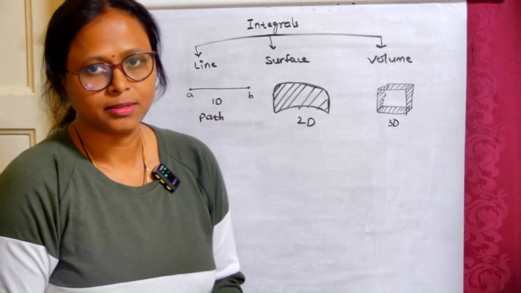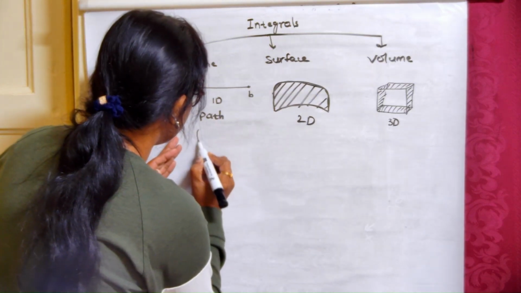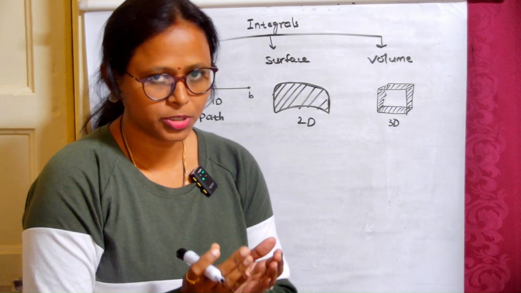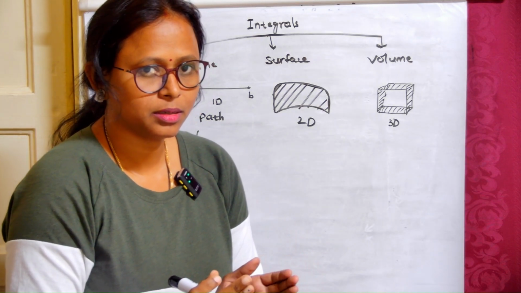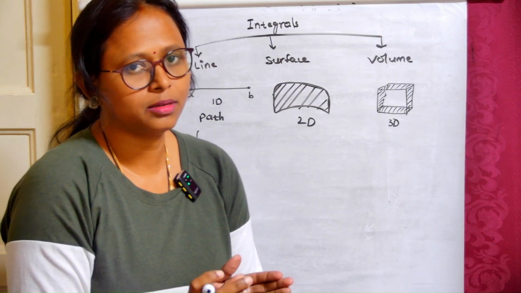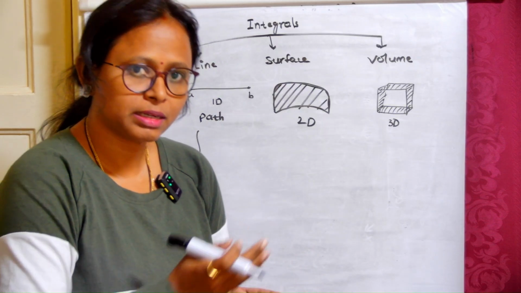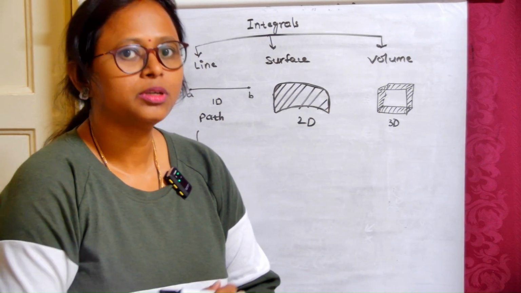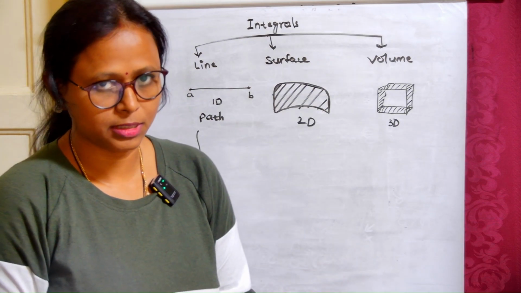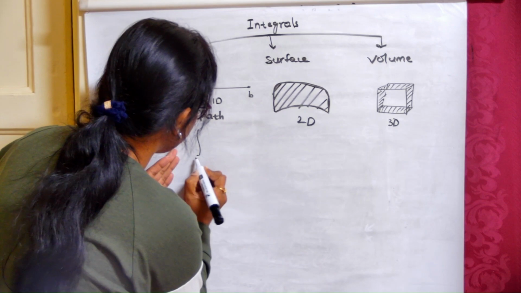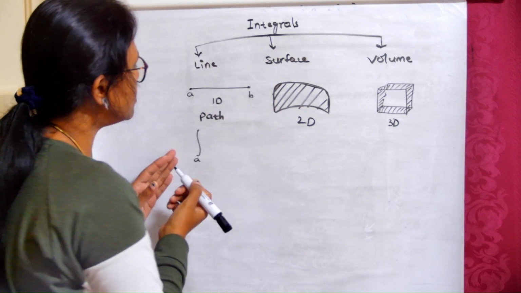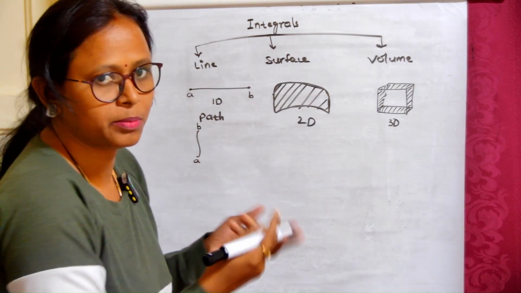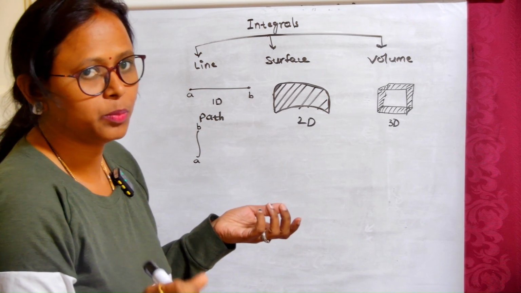So what is a line integral? When we know the value of a function within an infinitesimally small region, then we can integrate that value in order to know the function for the whole system. That is the main purpose of integrals. And here, as we are taking a line integral, the boundaries will be the two endpoints, I mean the initial point and the end point.